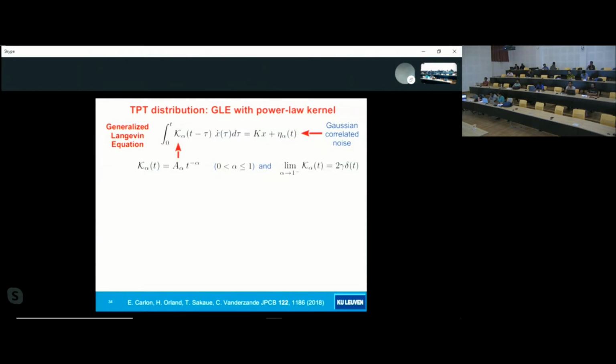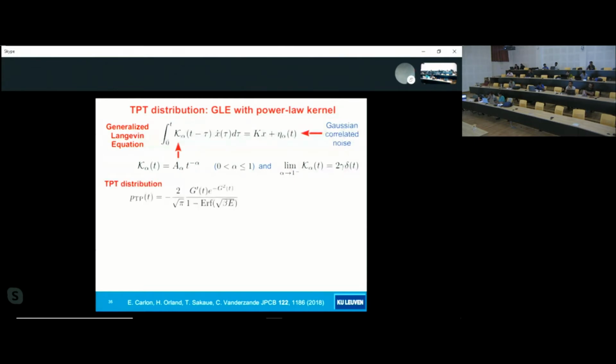This alpha is a power that goes between 0 and 1. And of course, there is a relation: how we define this kernel, how we define this A of alpha, is such that when alpha goes to 1, you recover the normal Markovian process. So the further away from 1 this alpha is, the smaller it is, the stronger the memory effect.